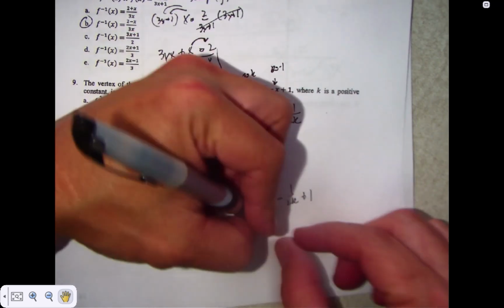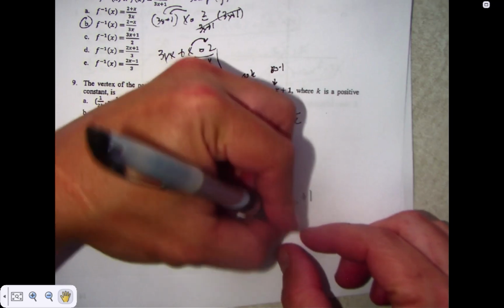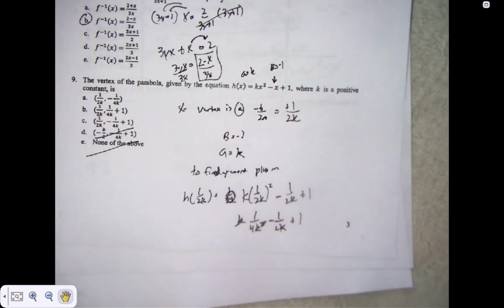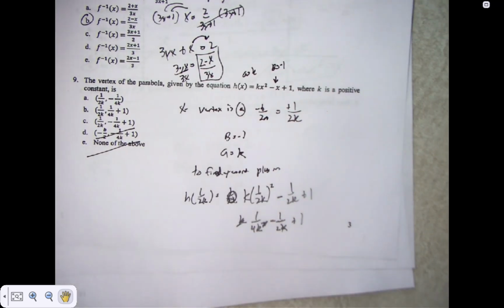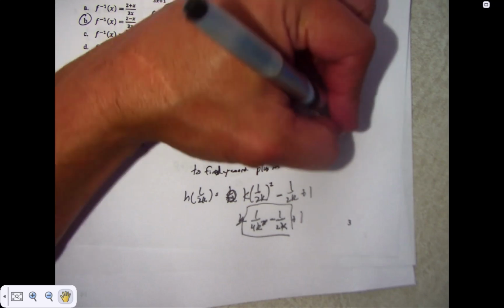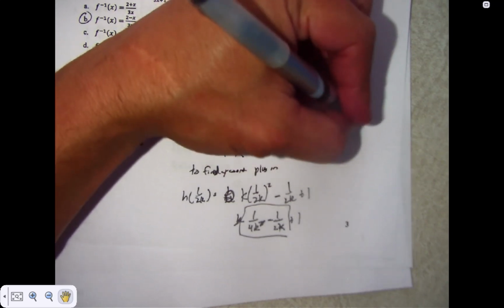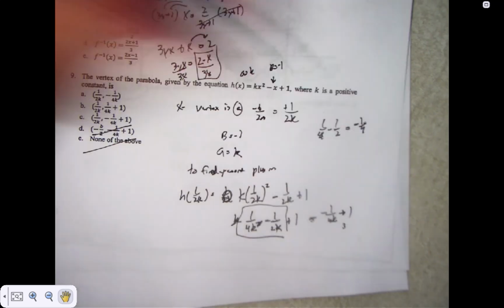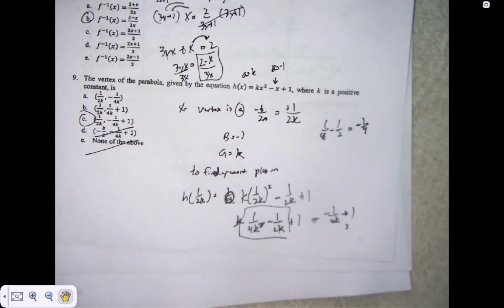There's k out front still. And the k's cancel. I'm looking for something that says 1/4 k minus 1/2 k. Okay, so there's still more to do here. 1/4 minus 1/2 is negative 1/4. So this becomes negative 1/4 k plus 1. Choice C.